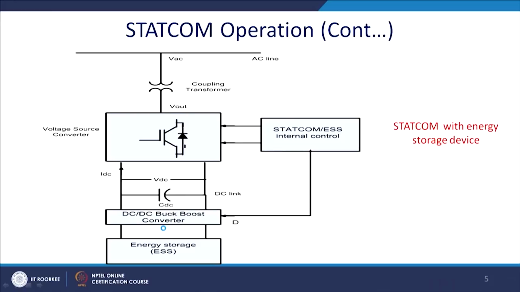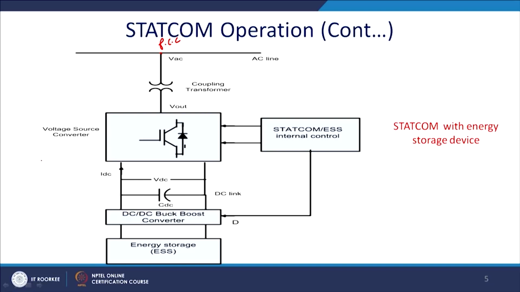Now, this is the schematic of the Statcom. Generally, we require a coupling inductor, and this inductor is coupled to the coupling transformer, which is connected to the point of common coupling, called PCC. This transformer is required because the device rating may not match the system rating, so we need to reduce the voltage level.